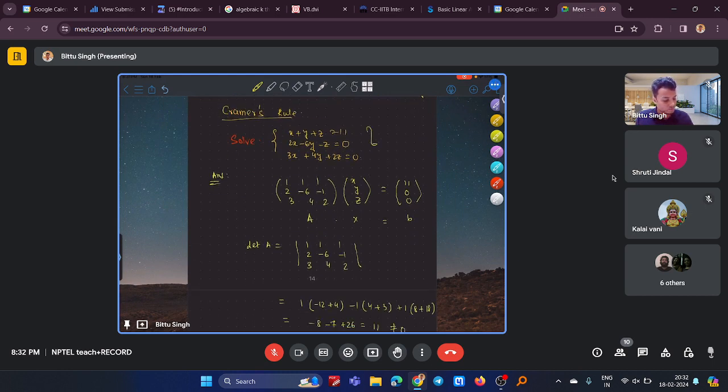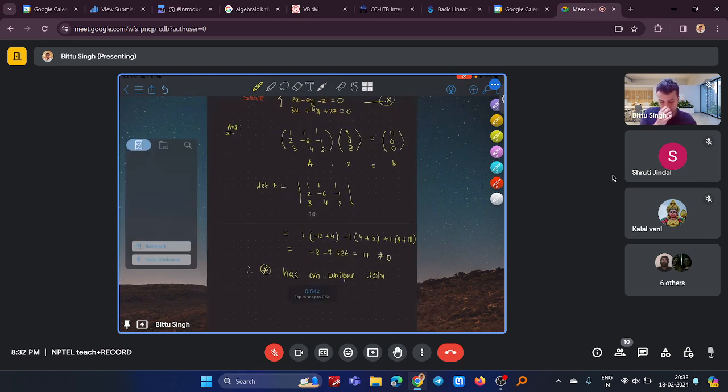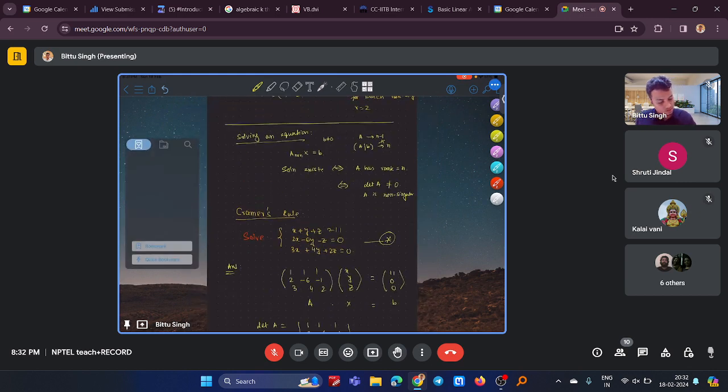Therefore, this system, star, has a unique solution, as the result is written here.